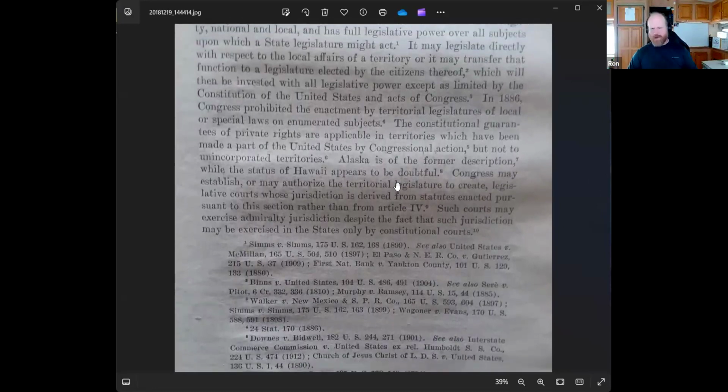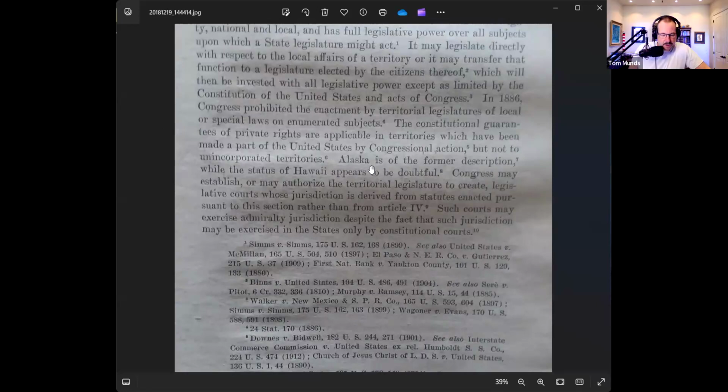So when Rasmussen came up, I'm going to read to you what happened in Rasmussen. The constitutional guarantee of private rights are applicable in territories which have been made a part of the United States by congressional action, but not to unincorporated territories. Alaska is of the former description. What is former in that previous antecedent? Can you point it out?